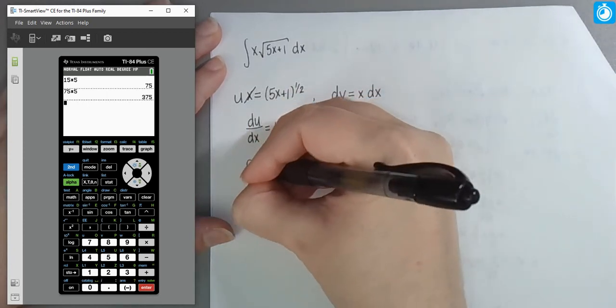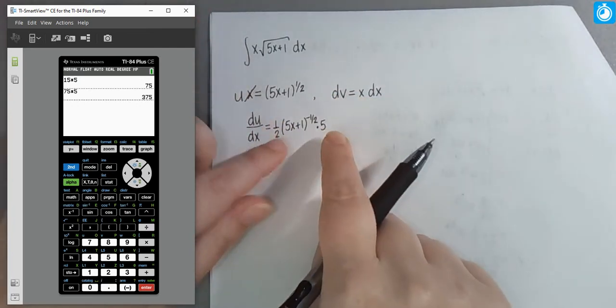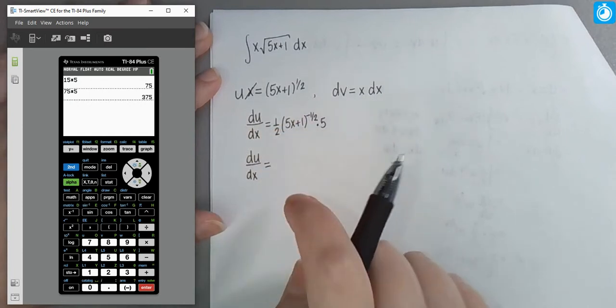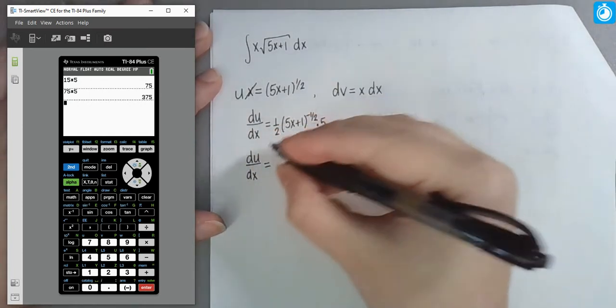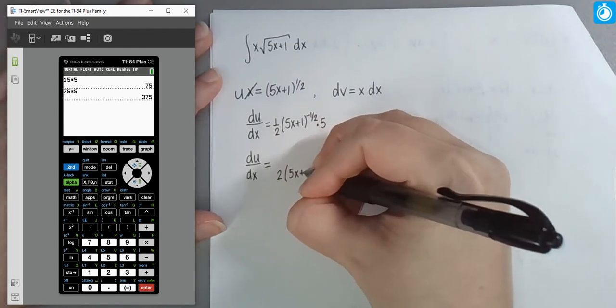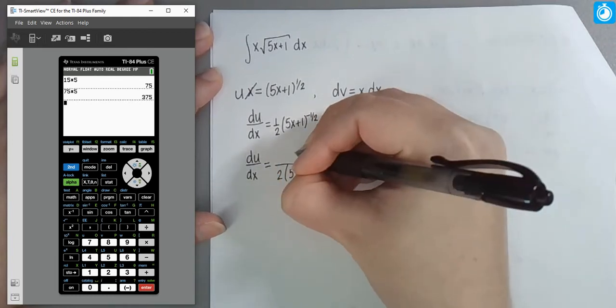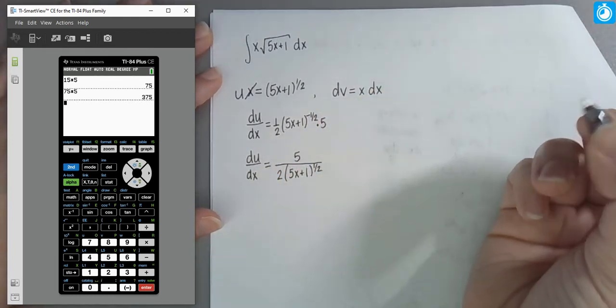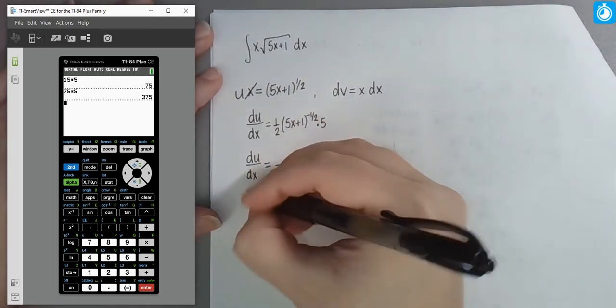If we clean that up, du dx is equal to, combining your constants, 5 over 2, and then our square root will go to the denominator. So that would be 2 times 5x plus 1 to the 1/2, and then we have a 5 in the numerator. And of course, we could rewrite it as a square root if we want, or we can just leave it with an exponent of 1/2, knowing that potentially we'll need that form again anyway.